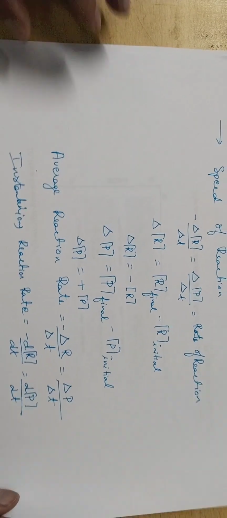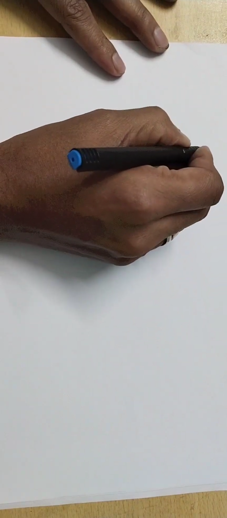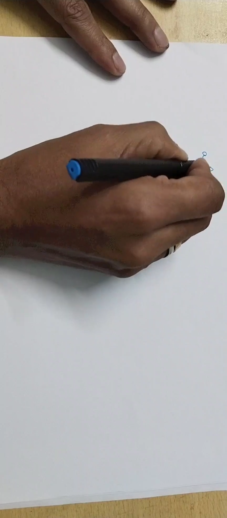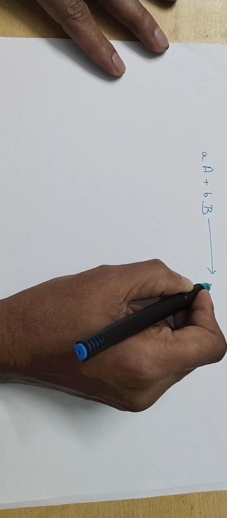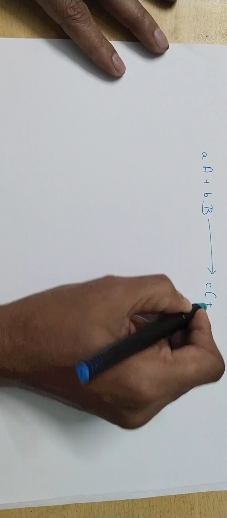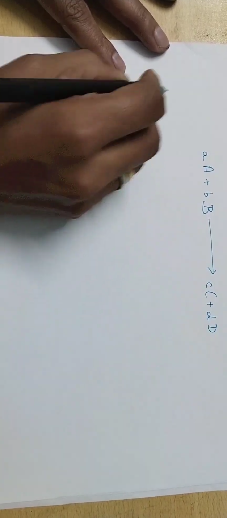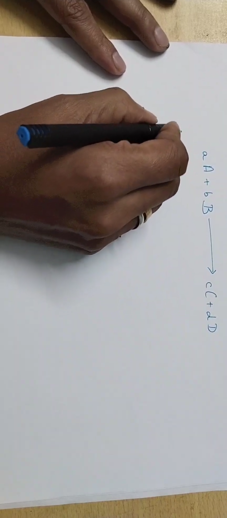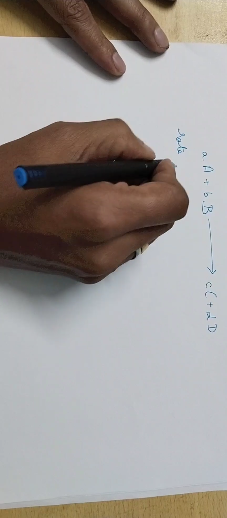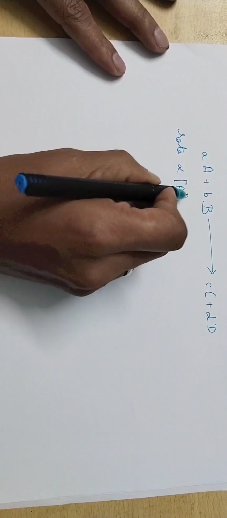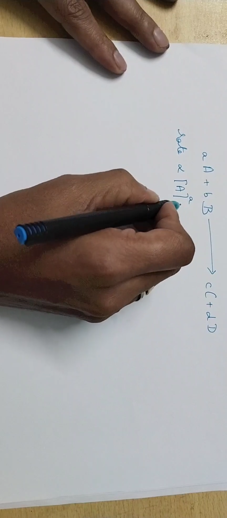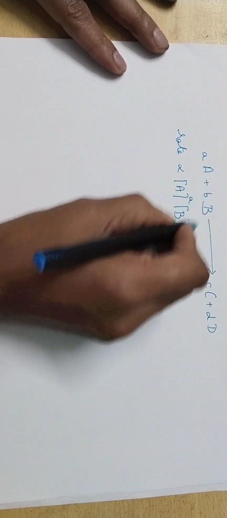If we have a reaction, let's say a moles of A plus b moles of B reacting to give us c moles of C plus d moles of D, then the rate of the reaction in terms of reactants is written as the concentration of A to the power a multiplied with the concentration of B to the power b.